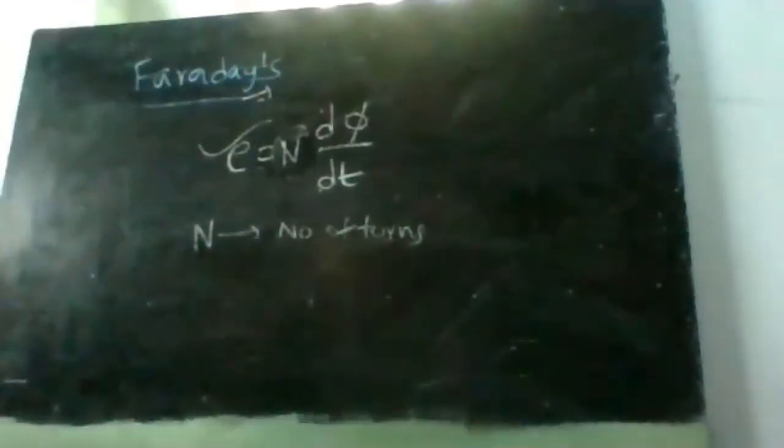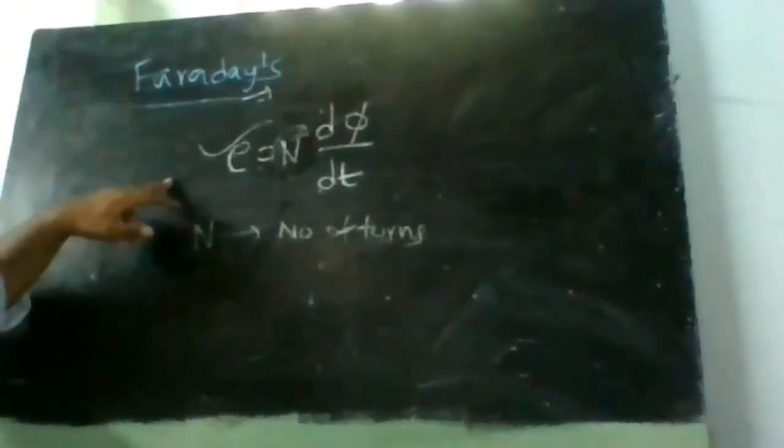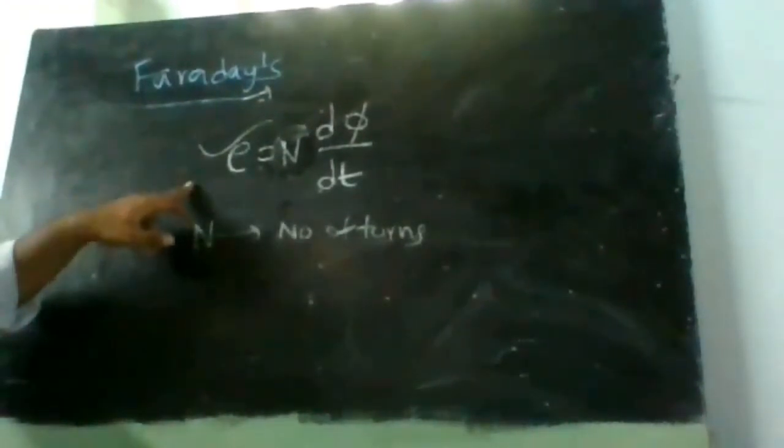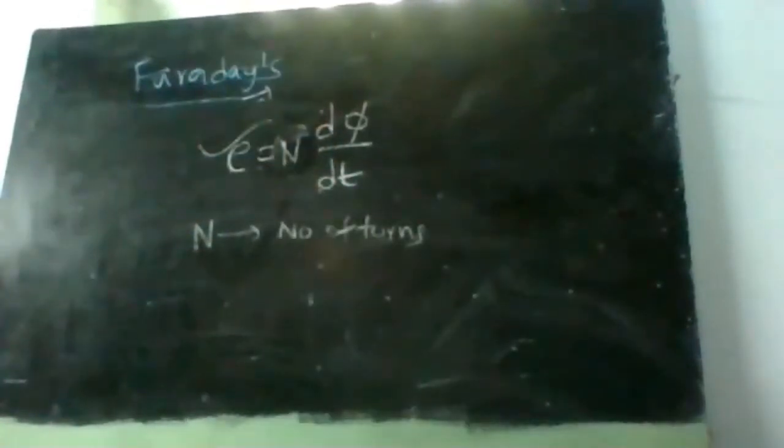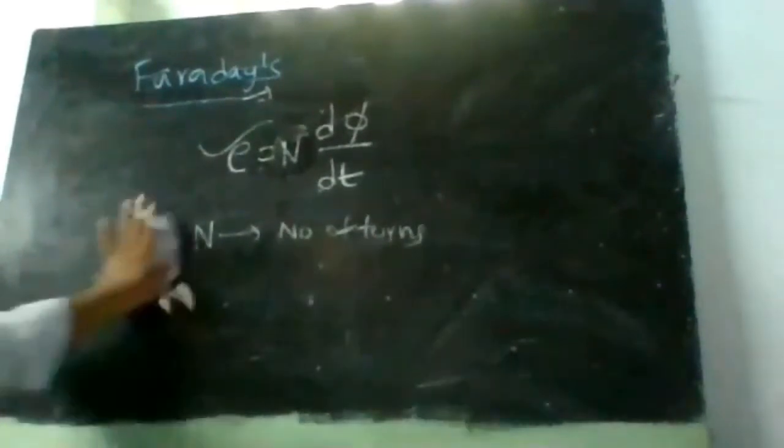The definition of Faraday's law is, the EMF produced by a time varying field will be proportional to the rate of change of the flux in the conductor. So he has given this expression mathematically, where N is the number of turns in the coil.